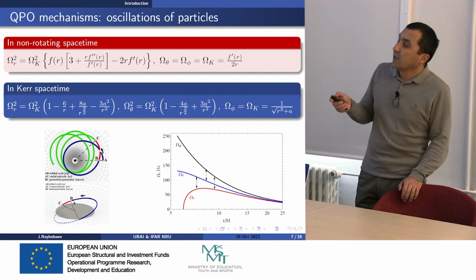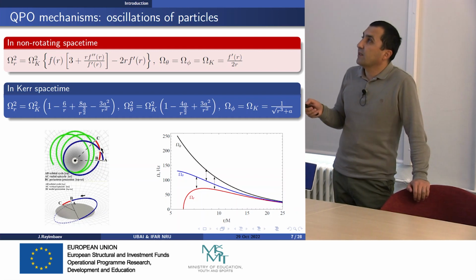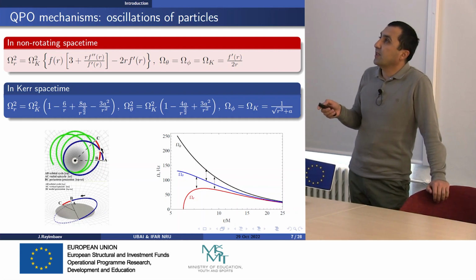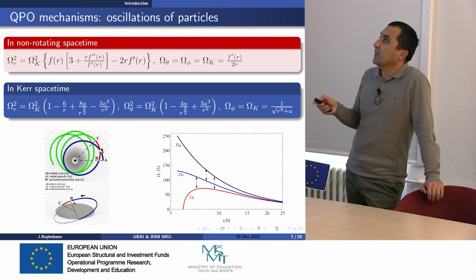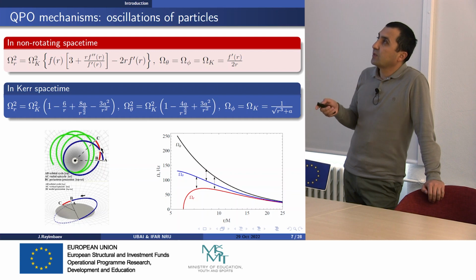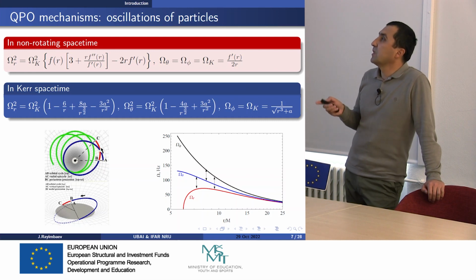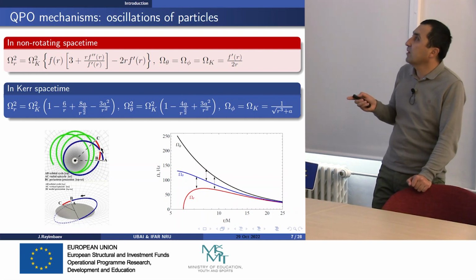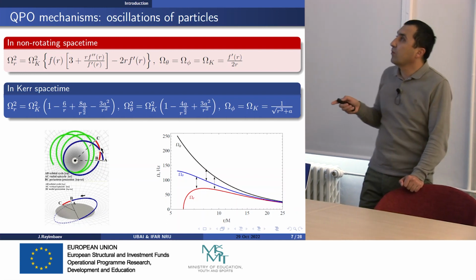So their radial and angular Keplerian oscillations can be calculated in the following form for non-rotating, spherically symmetric spacetime. And here f is the lapse function of the spacetime, and for the K1 it has the following form.